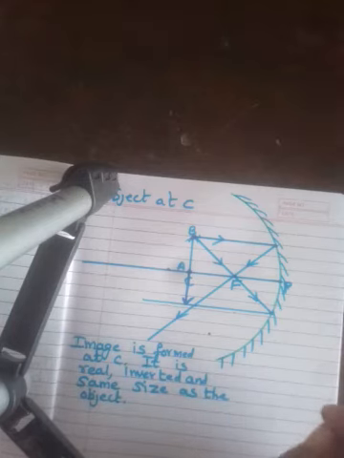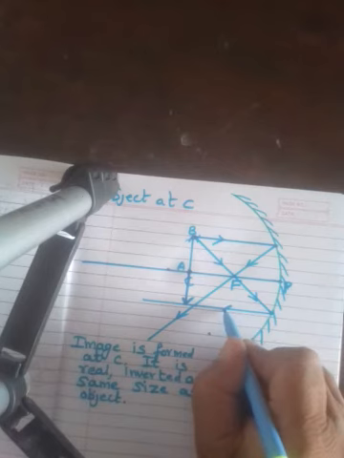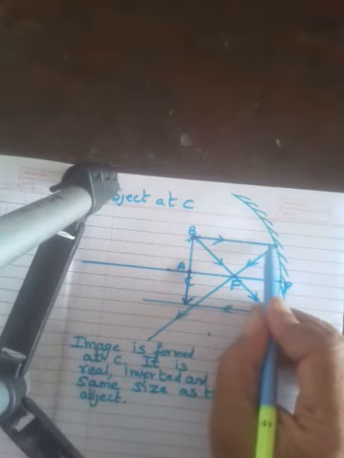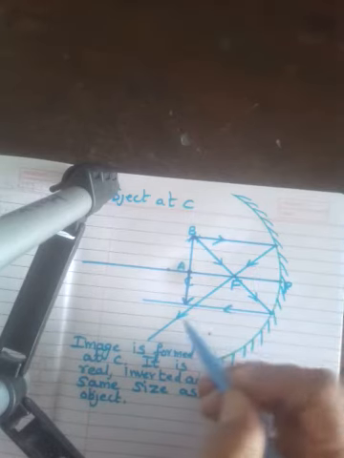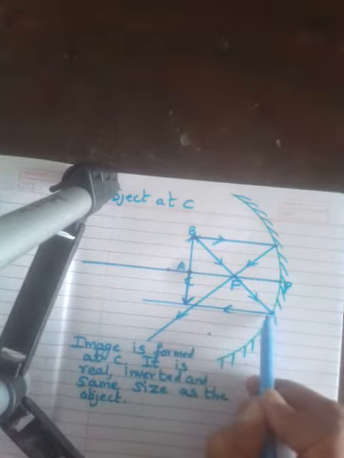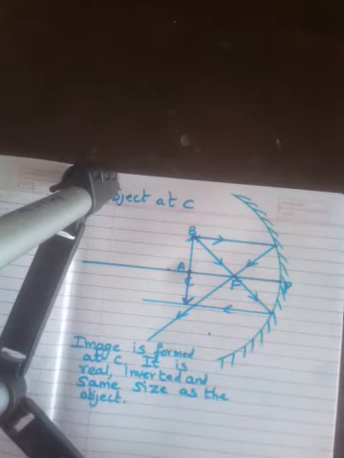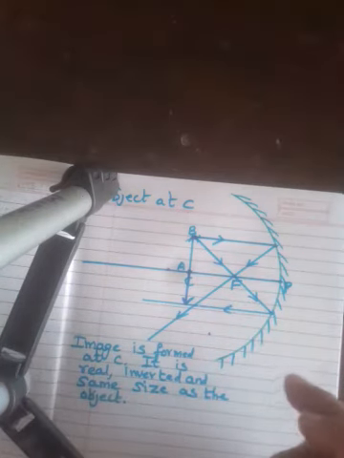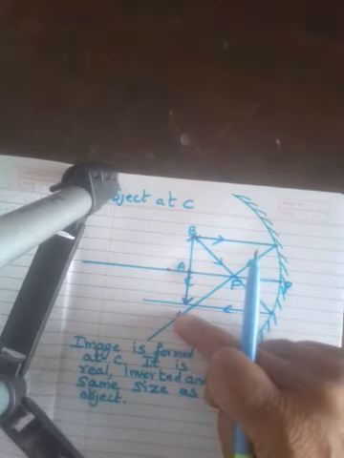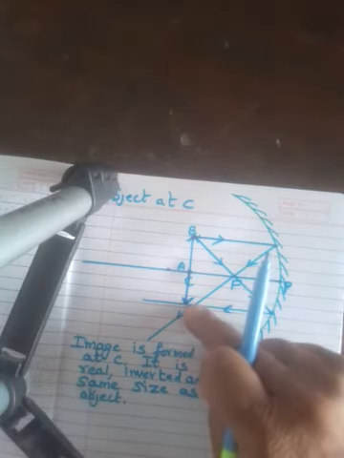You draw it in your fair copy correctly, you will get it right. One ray of light you have to draw through B parallel to the principal axis, it will get reflected through the focus. Another ray you have to pass through the focus, it will get reflected parallel to the principal axis. But you draw it correctly so that you get it exactly at C. Here it has gone somewhere wrong.